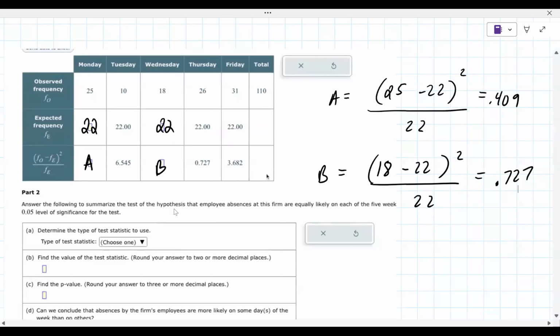Now the type of test statistic is a chi-squared. For that one too, it asks us for the degrees of freedom. Degrees of freedom in this case is the number of columns minus one, so 5 minus 1, which is 4.